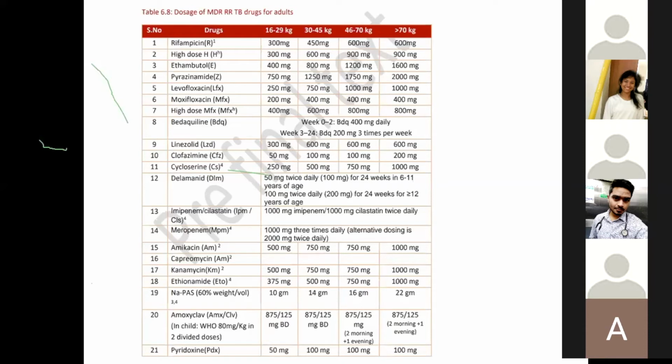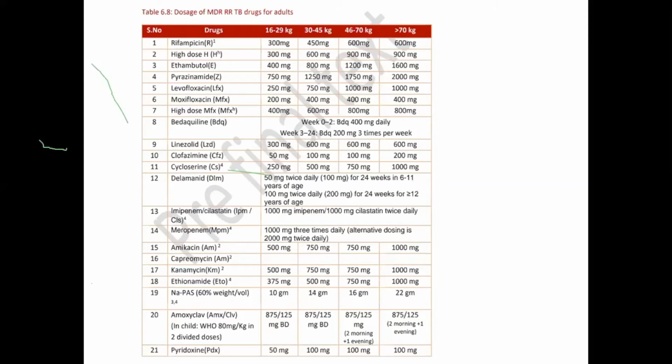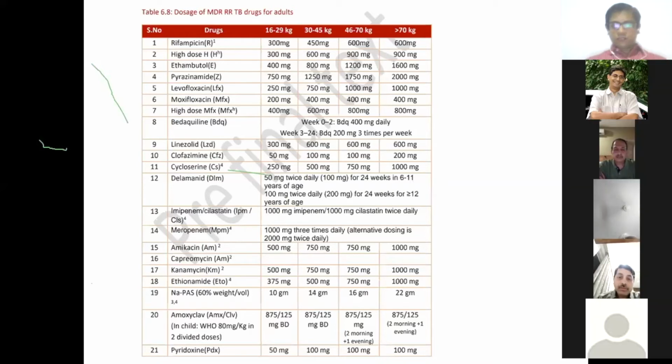D2 has bedaquiline and delamanid, and D3 has the drugs with partial effect against TB, like PAS, imipenem-cilastatin, or amoxicillin. So ideally from group A towards D, we should keep on selecting one drug from each group, like A and B, and then as many from C as possible, depending upon sensitivity in the culture. And if that does not give a robust regimen, then only we should go to group D1, D2, and D3, again in the same sequence.